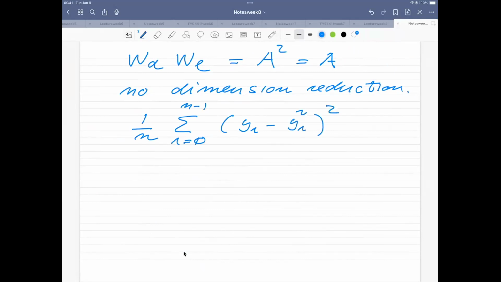And this is something which we can then rewrite as 1 over n, y as a vector minus X times theta, multiplied by y minus X times some theta. And in our case, this X here is kept as it is. There is no dimensionality reduction.